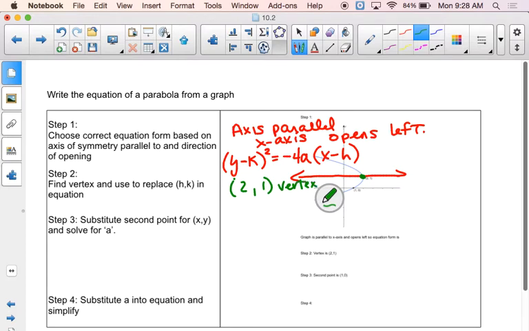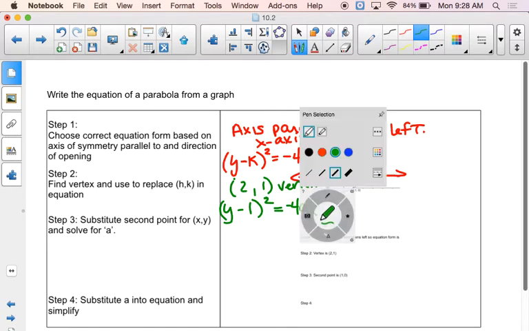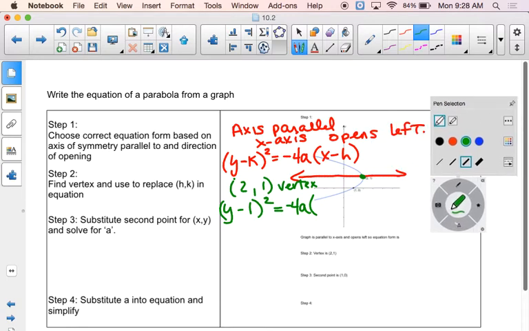And so that means I have y minus 1 squared is equal to negative 4a times x minus 2. Oh, I'm sorry. Goodness gracious, 2.